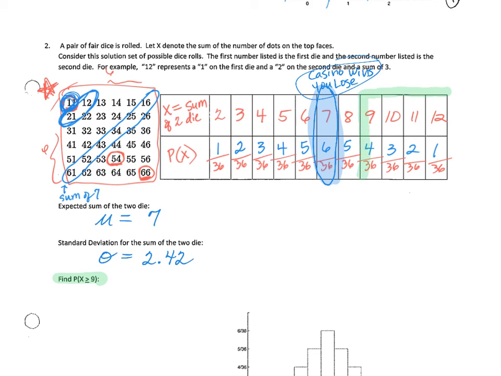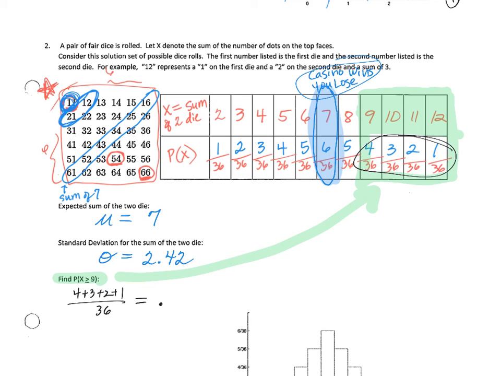41%. Nope. See this section right here? That is the section where x is 9 or greater. So what do I need to do with that? I need to add up these percentages. So I need to add up 4 plus 3 plus 2 plus 1. They all have the same denominator of 36.